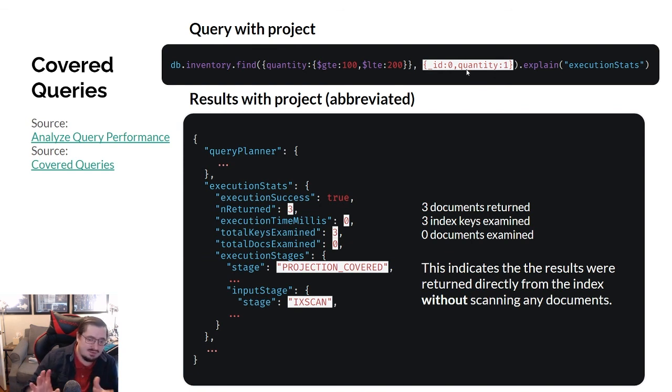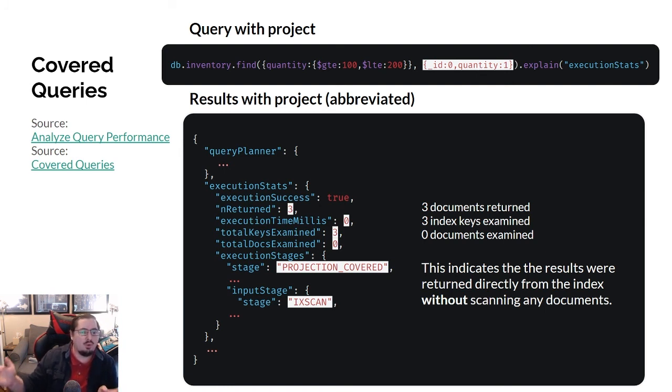This syntax is a little bit different because it's in the shell. The way you specify projection in the shell is different than Node, but here it's the second argument to find. So I say _id 0, so don't include the ID, and just return the quantity, which means what this is going to be returning is just an array of quantities.